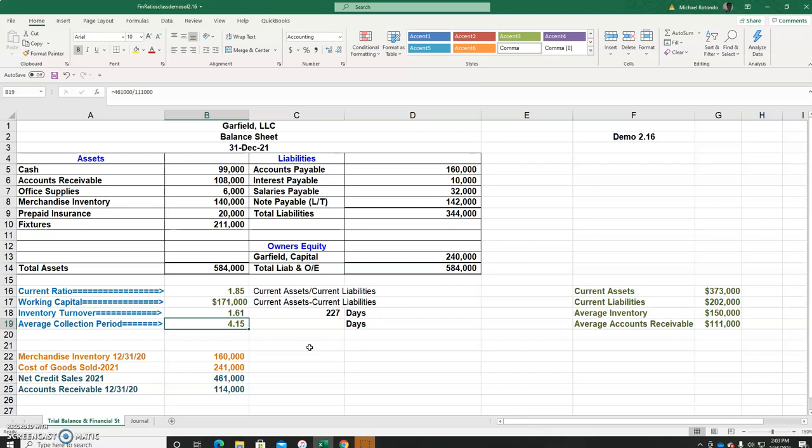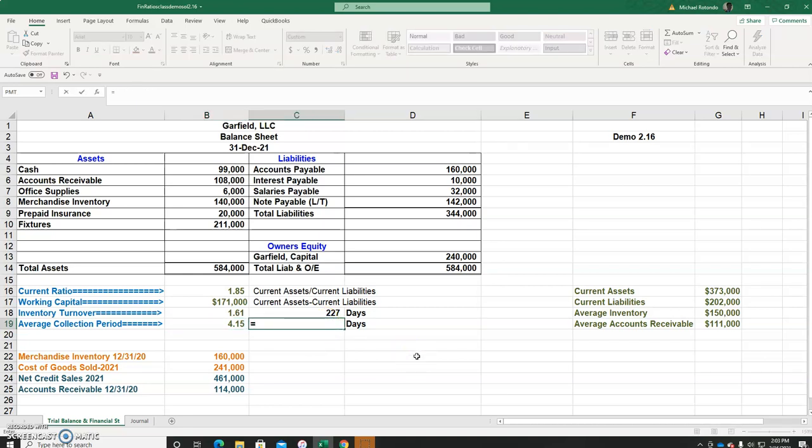If we want to put that in days, we would take 365 and divide that by the collection ratio, and we would get 88 days. So it's taking us 88 days on average to collect our receivables.